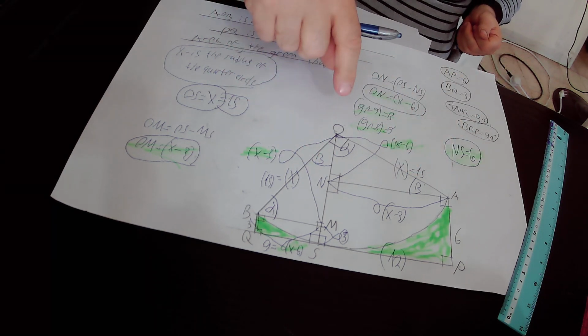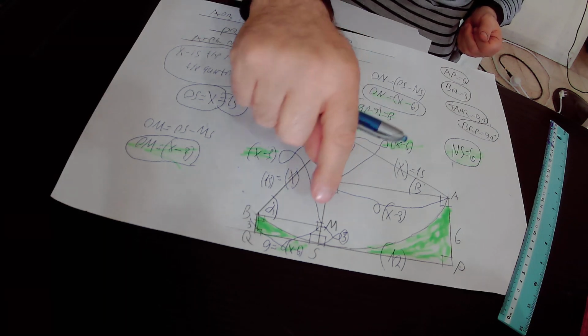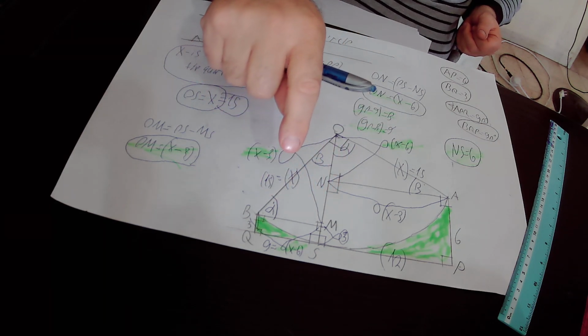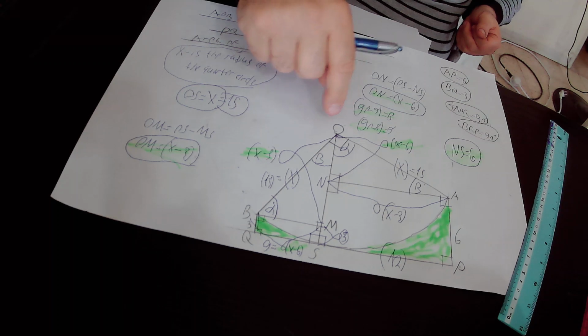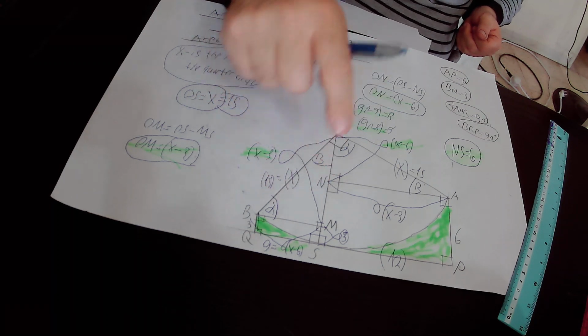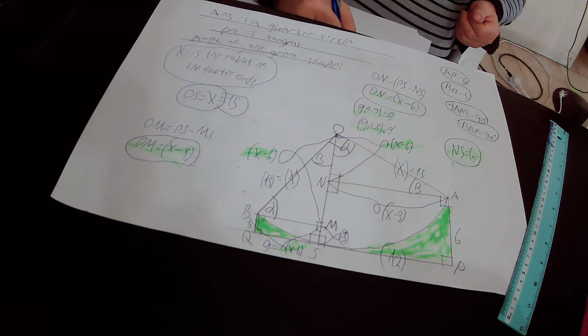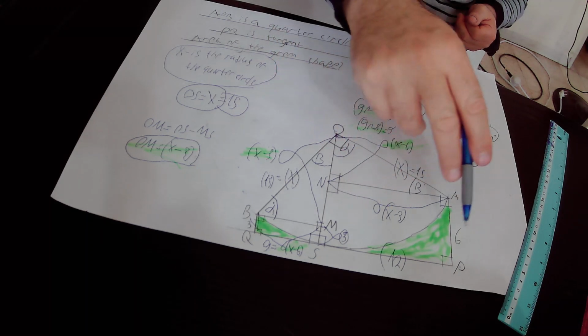So the area of the whole shape equals the area of trapezoid OSQB plus the area of this trapezoid OSPA.